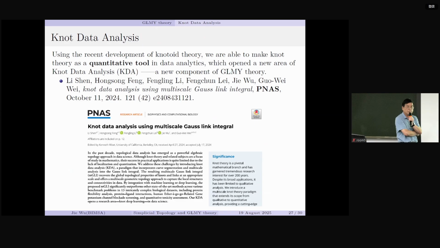Traditional knot theory has been of limited use in data analysis because it only looks at qualitatively classifying the knots. Now we try to make it computational, as a quantitative tool, for successful knot data analysis. I should mention this is the first time we introduced this new area called knot data analysis, just last October.